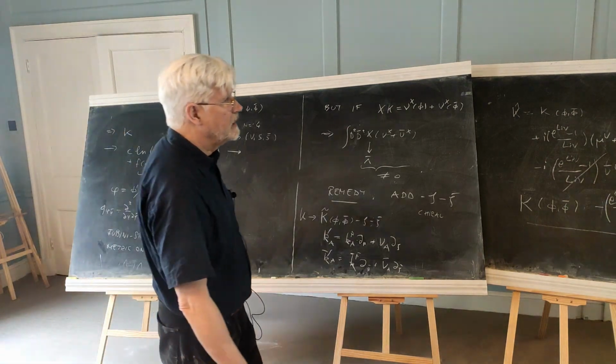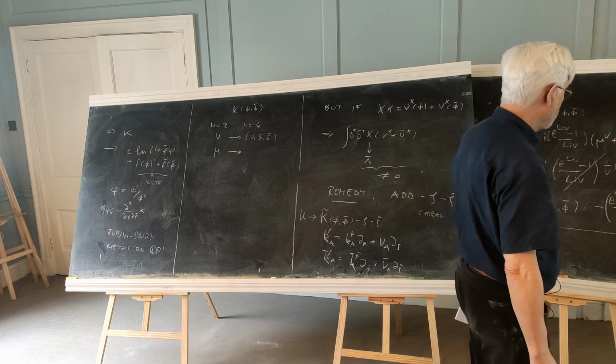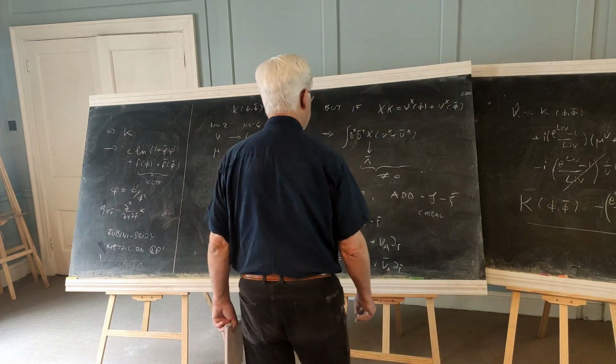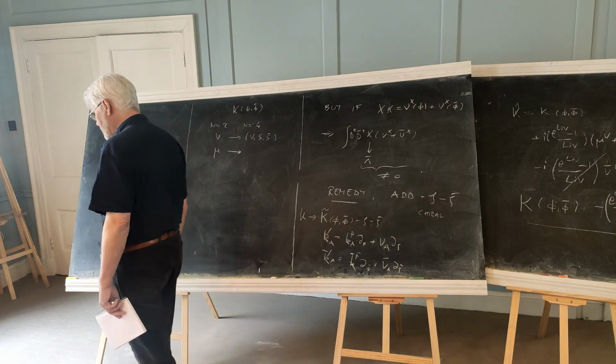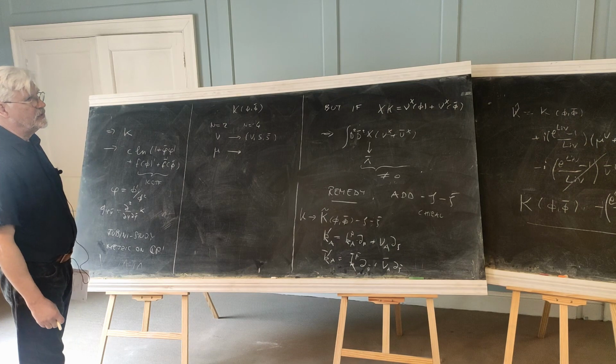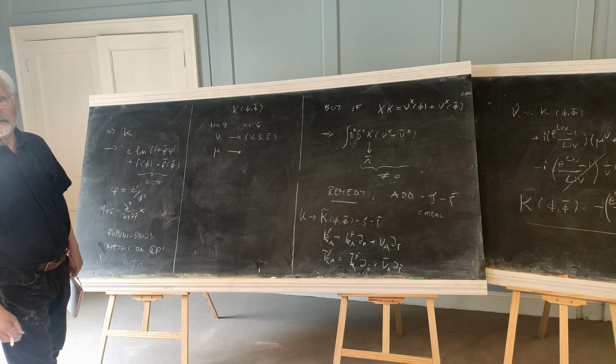I backtrack and I've erased that, but there was a relation which showed you that mu is really a potential for the killing vectors.